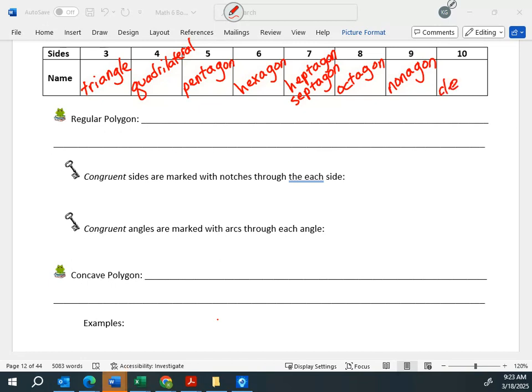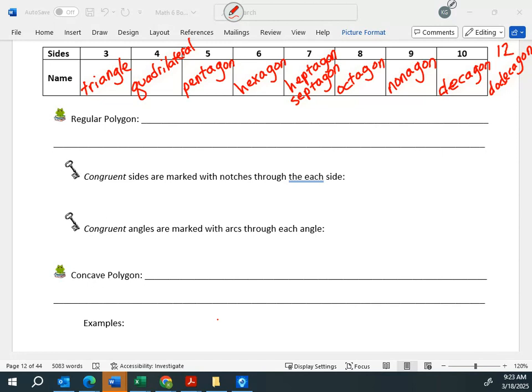And on our homework, Mr. Schultz gave us a word that's not on here. It is the 12-sided figure. The 12-sided figure is called a dodecagon. So we need to add that one on there for our homework. We do need to know the dodecagon for 12.